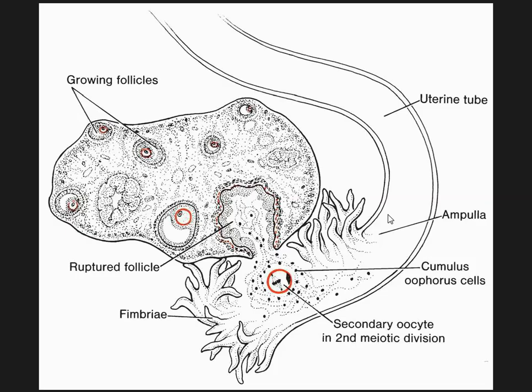Once the oocyte is in the uterine tube, it's propelled by peristaltic muscular contraction of the tube and by cilia in the tubal mucosa, with the rate of transport regulated by endocrine status during and after ovulation. In humans, the fertilized oocyte reaches the uterus in approximately 3 to 4 days.